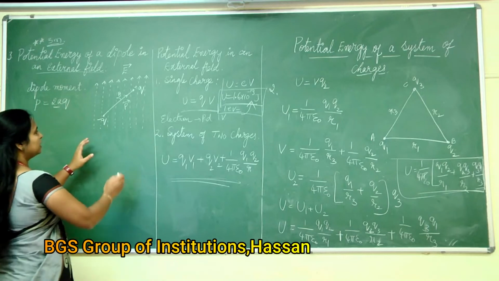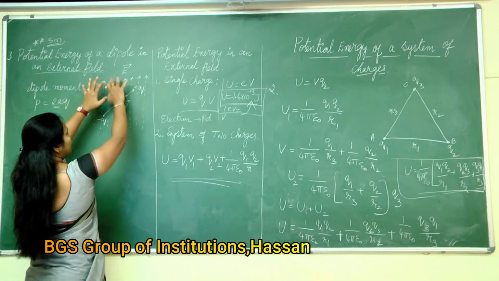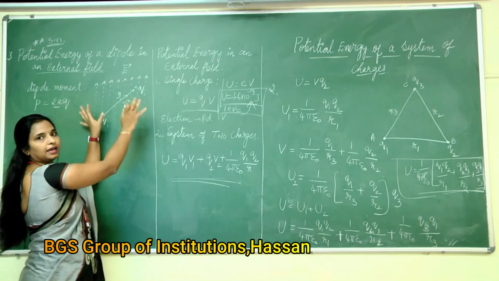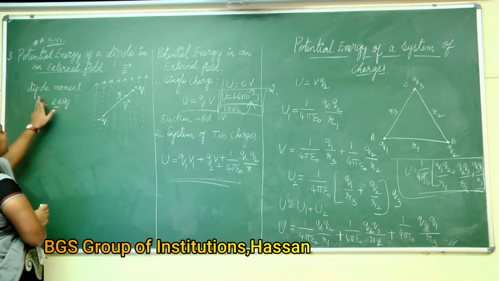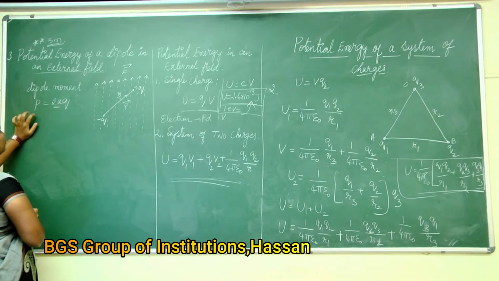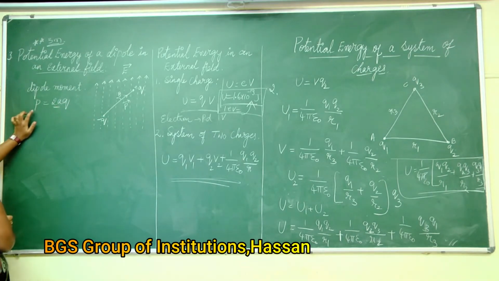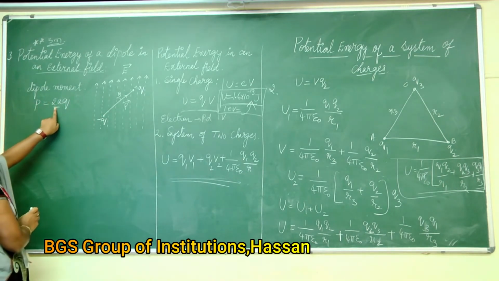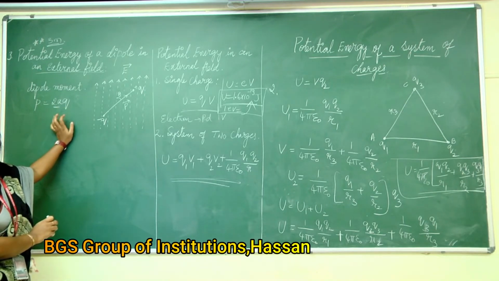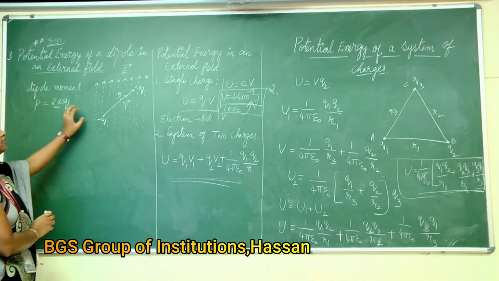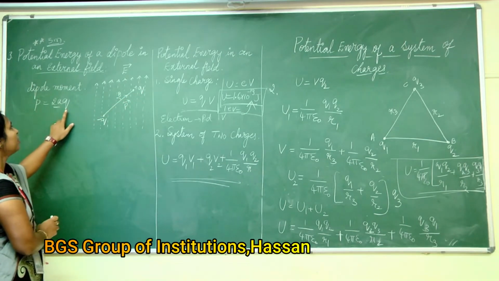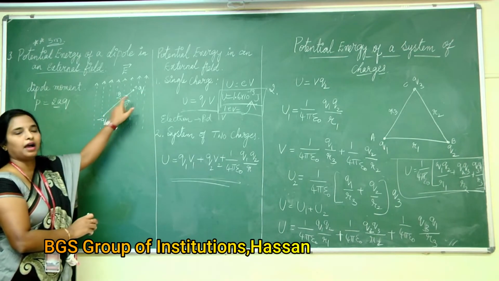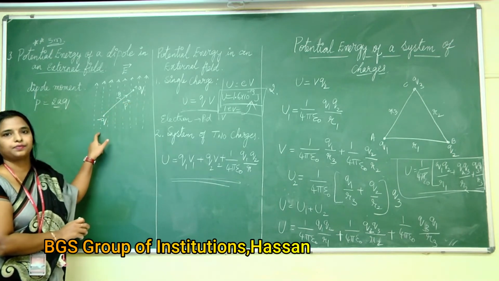So we have considered a dipole kept within an electric field, where the dipole has a dipole moment whose magnitude is P equal to 2aq, where 2a is the dipole length and q is the magnitude of either of the charges, isn't it?